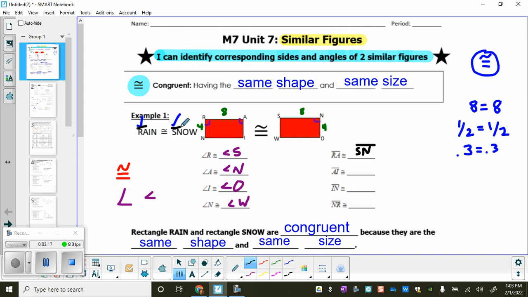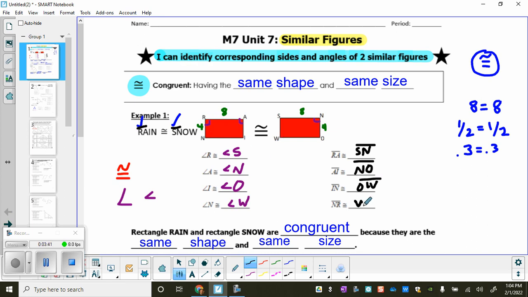So here's the first two letters SN. All right, for the first rectangle, A to I connects over here with N to O. So I'm going to put an NO. Don't forget to put the little line up above it because we're talking about side lengths. All right, I to N is down here on the bottom. So we're going to go from O to W. And N to R would be W to S.